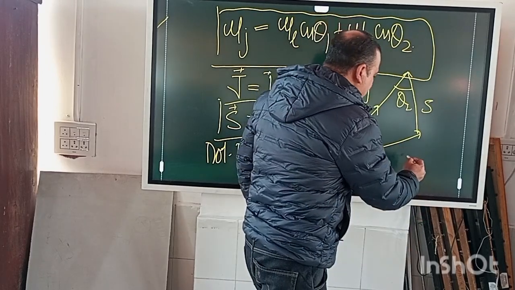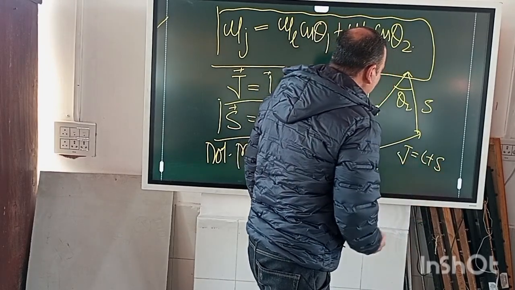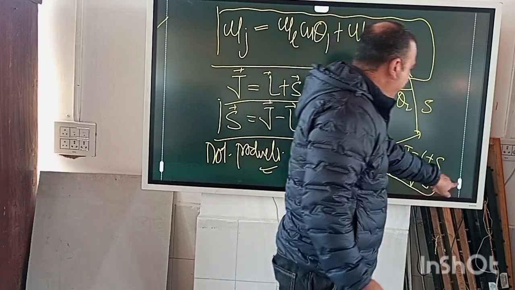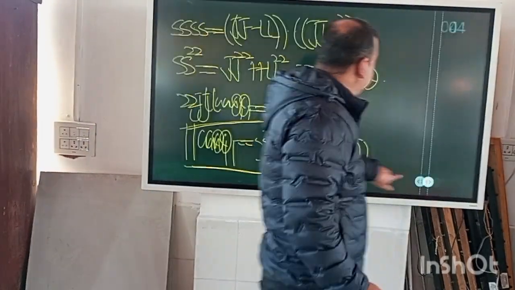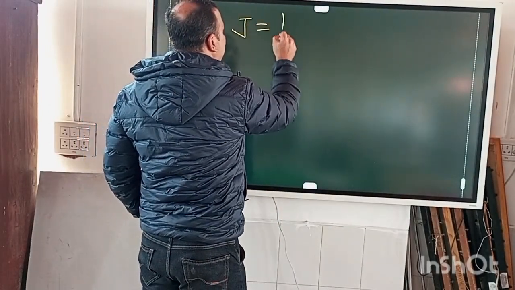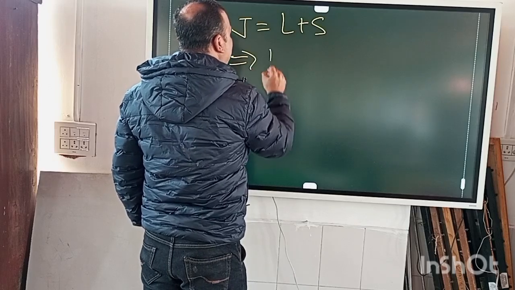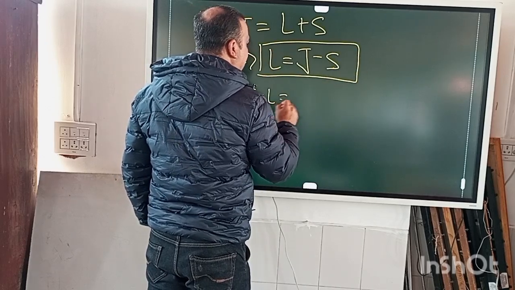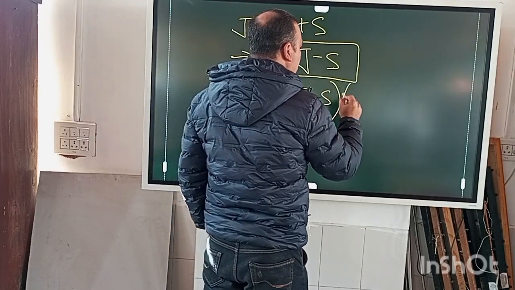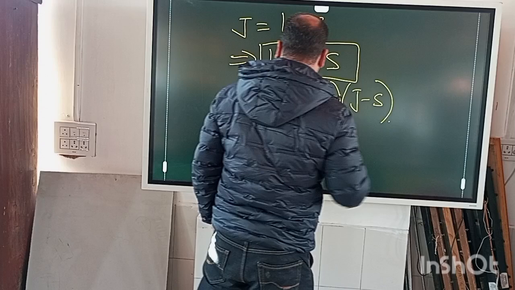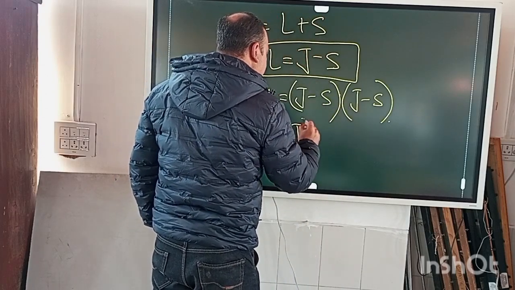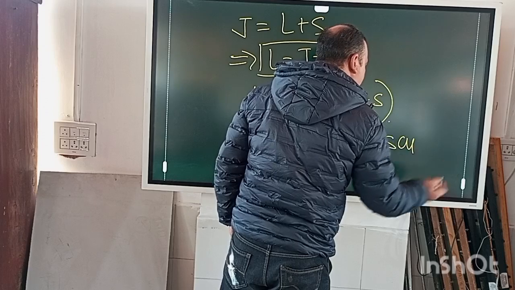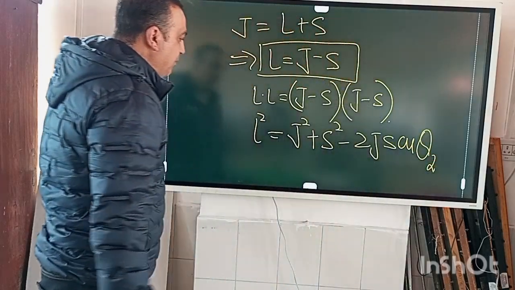So that should be the case. So for that purpose, J is L plus S, so I will have L equal to J minus S. That is the right choice here. So J equal to L plus S implies L equals J minus S. Now take the dot product, so I will have L dot L equal to J minus S dot J minus S. So we will have here L square equal to J square plus S square minus twice JS cosine of, now I have the angle theta 2 here, so this will be cos theta 2.